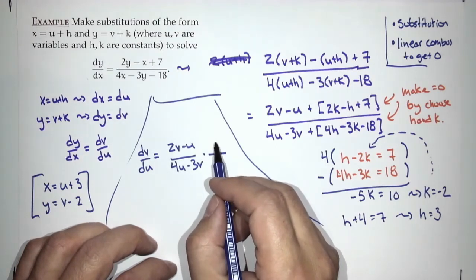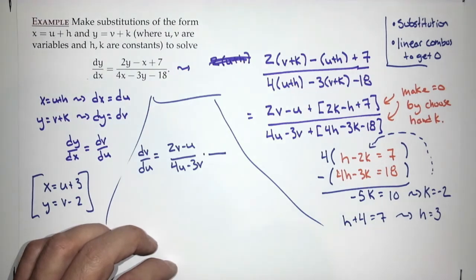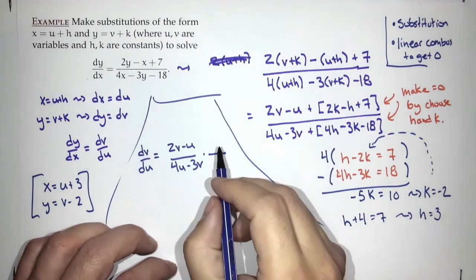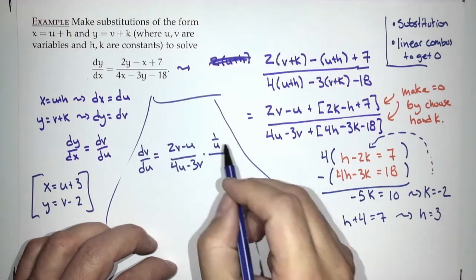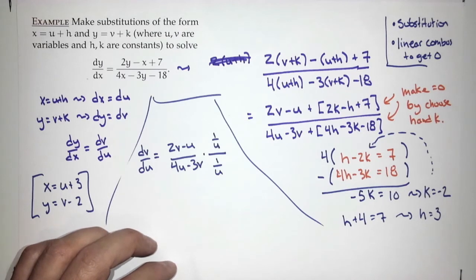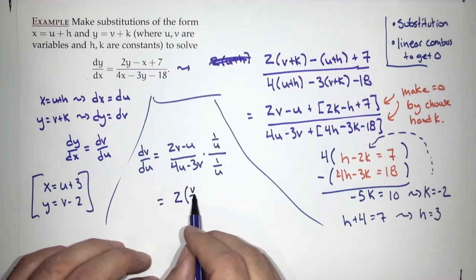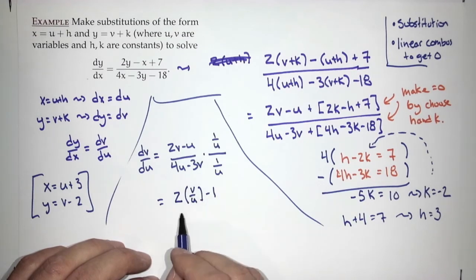4u minus 3 over 4u. That might not be. How about 1 over u? Multiply top and bottom by 1 over u. What does the top become? 2 v over u minus 1.